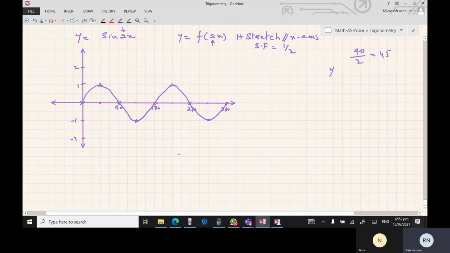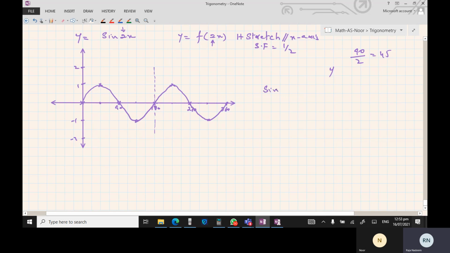Now you can see that you have obtained a graph of sine with 2 cycles. Two cycles mean 2 periods.